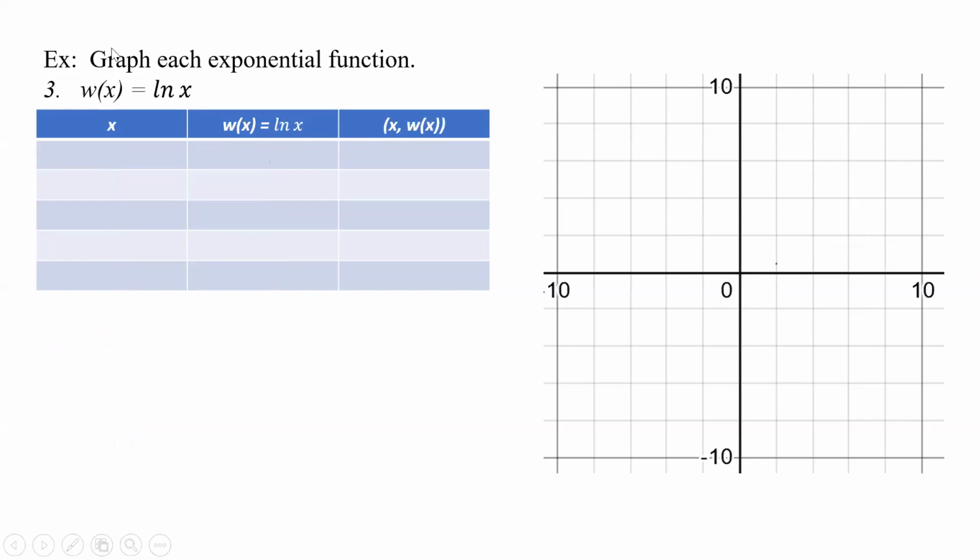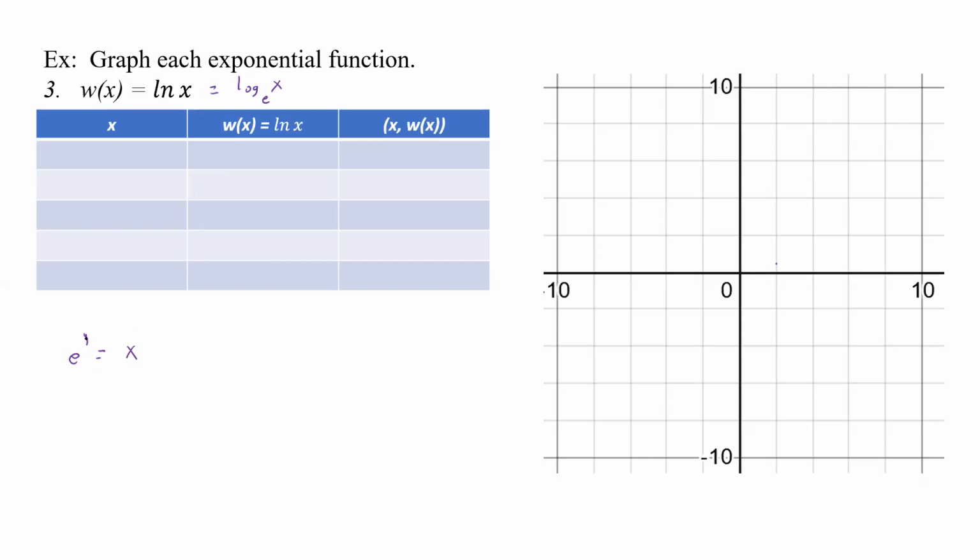All right, what about if we do ln of x? Okay, well remember ln of x is equal to log base e of x. So we're going to have e to the y is equal to x. Now here we're going to have to use a calculator and get our values.